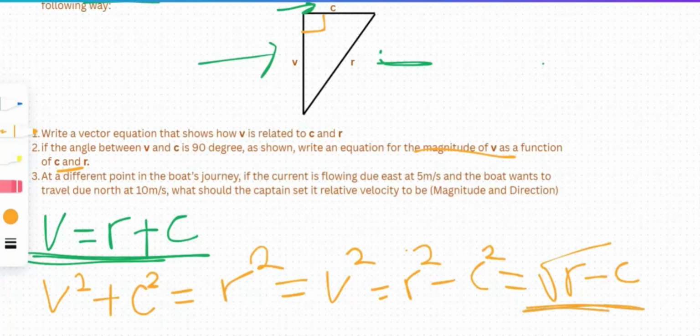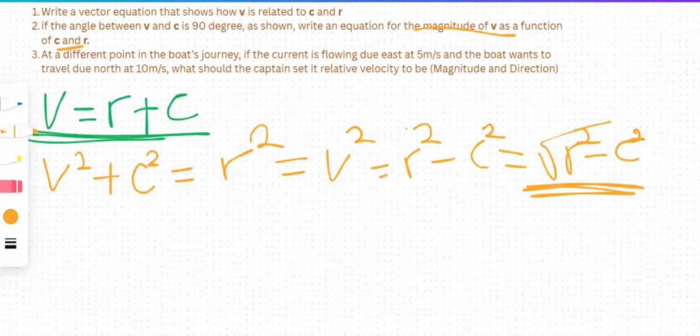This will be the answer. Let me write it clearer underneath here. So v will be the square root of r squared minus c squared.